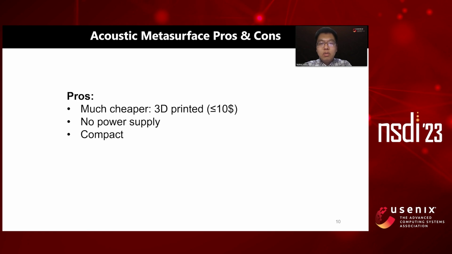Since it does not require power supply wires, it can be manufactured in a very compact form. And a metasurface can offer significant power gain. However, there are still some limitations, because a passive metasurface only has a fixed beam direction.